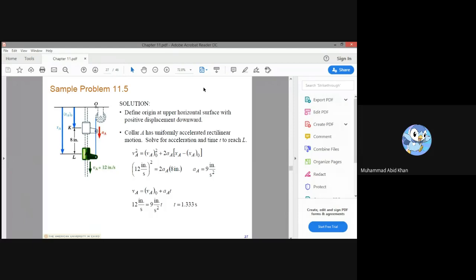Solve for the acceleration and the time t to reach position L. The equation is here. The values are given. You put the values in this equation, you will get the answer. That is very simple. Hopefully you can solve it.